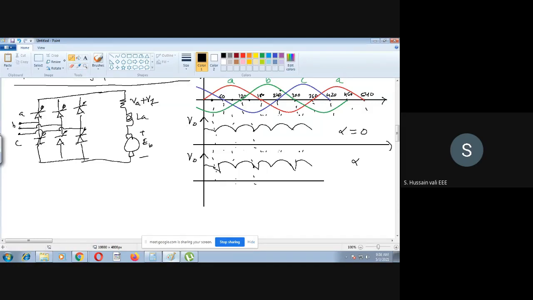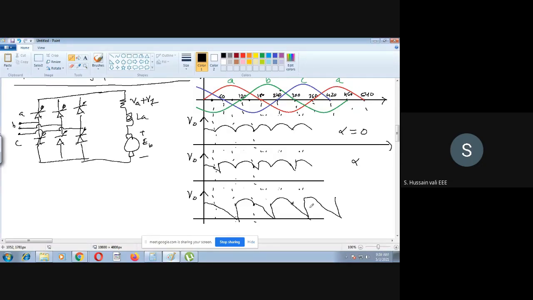Okay. So this kind of waveform you will get here if you further increase the values.